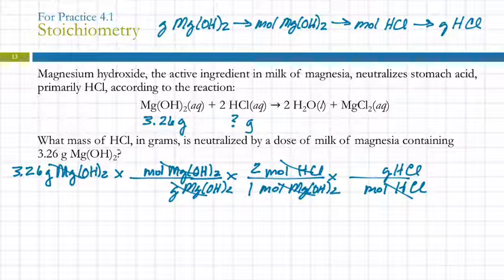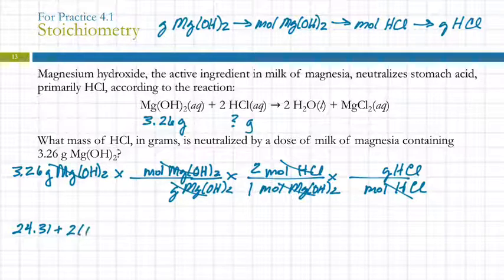Calculating molar masses is something we do a lot. So magnesium, 24.31 for magnesium. The OH is in parentheses with a 2 on the outside. That means there's 2 oxygens and 2 hydrogens.